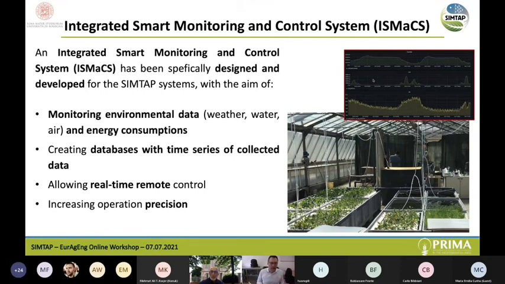So indoor or outdoor situations may differ from one pilot to another, but we are able to cover both indoor and outdoor monitoring across different matrices, so water and air. This system can create a database with the time series of the collected data, so increasing volumes of data. At the same time, the system allows real-time remote control of data, thus allowing to increase the operation precision.